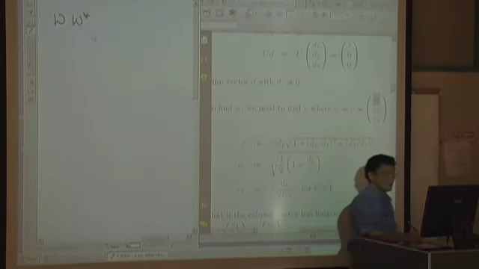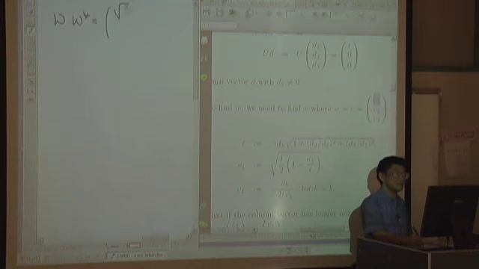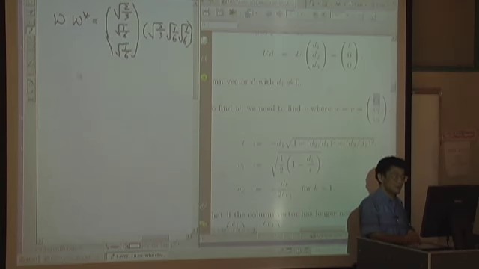So W star is 2/3, 1/6, look at the square root of this one, multiplied by transpose. 2/3, 1/6, 1/6, right? So these are multiplied together. Then this multiplied with this gives us 2/3. This multiplied with this gives us 1/3 and 1/3. And then this multiplied with 1/3, 1/6, 1/6.